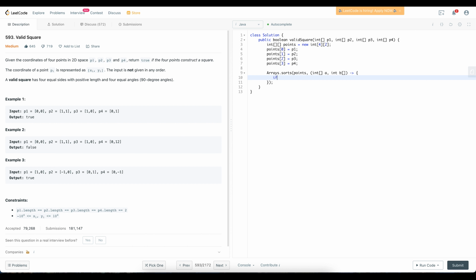There's a bunch of ways that you can do this, but I'm going to first check if their x coordinate is the same. Then we're going to compare them by their y coordinate.